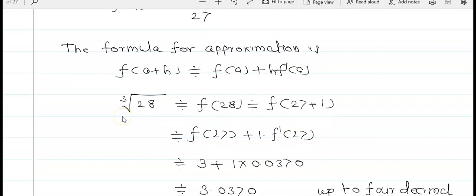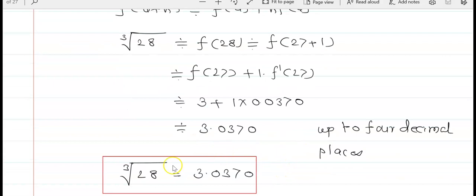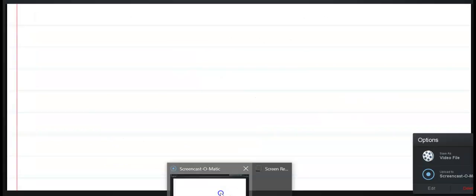That is, the cubic root of 28 is equal to f of 28, that is f of 27 plus 1, and that is equal to f of 27 plus 1 into f dash of 27. That is 3 plus 1 into 0.0370. If you perform the multiplication, then you will get the cubic root of 28 is equal to 3.0370.